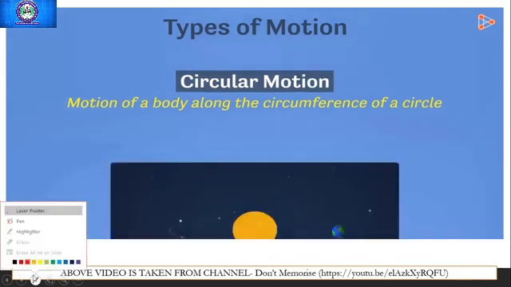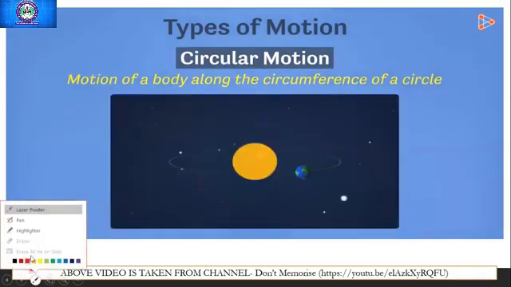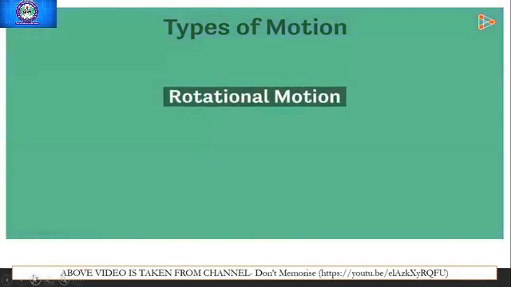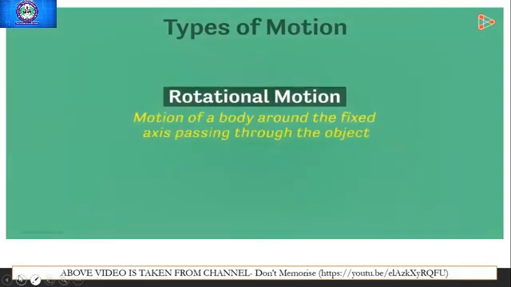Example: the motion of the earth around the sun is an example of circular motion. The third type of motion that we saw is rotational motion. It is the motion of a body around a fixed axis. So we have studied circular motion first. Circular motion is a type of motion in which an object is moving from one place to another but in a circular path, right? So that is known as circular motion.